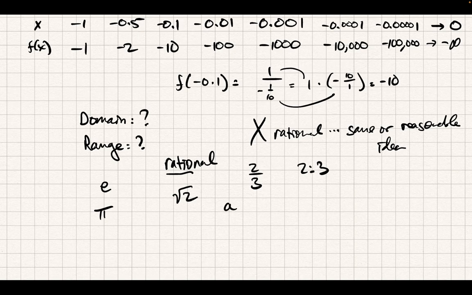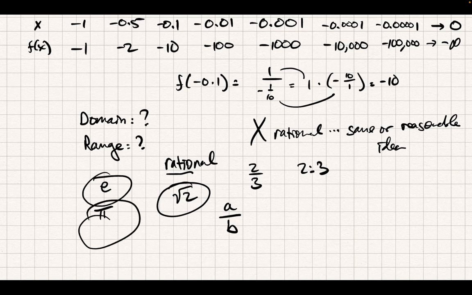Because it cannot be expressed with two integers in the numerator and denominator. Square root of 2 is irrational, e is irrational, pi is irrational. Why? Because they can't be expressed as a ratio of two numbers.